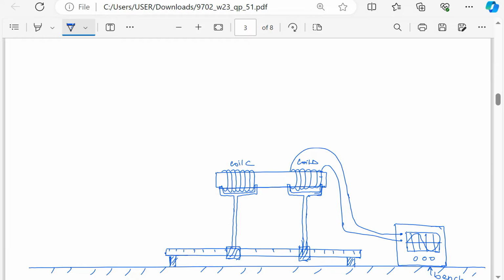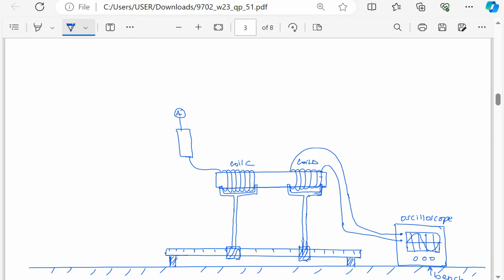Okay, so this is an oscilloscope. Or you just write there CRO, cathode ray oscilloscope. Then on this side I have to connect a fixed resistor here, and I need an ammeter.